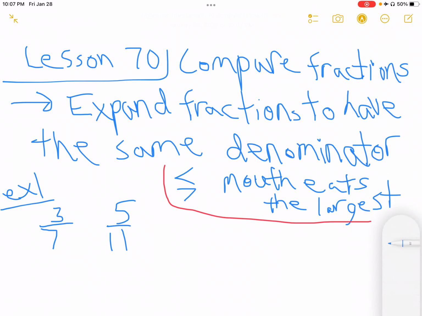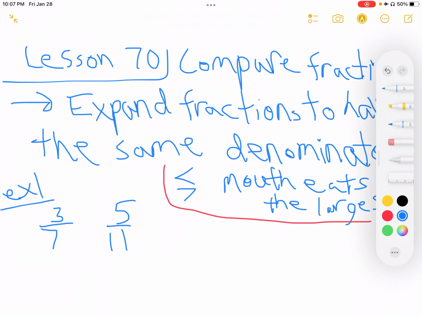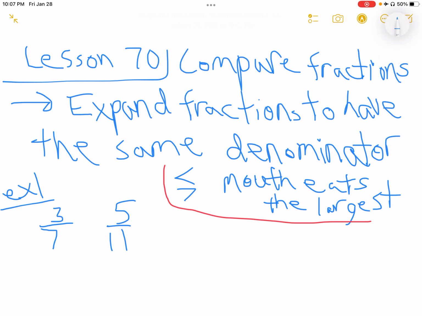Now, in order to make our denominators the same here, we've got to think about what we could do to make them the same, right? So we're looking for what's called the least common denominator, right? So if we think about 11 first, 7 doesn't go into 11, right? And just keep on going.